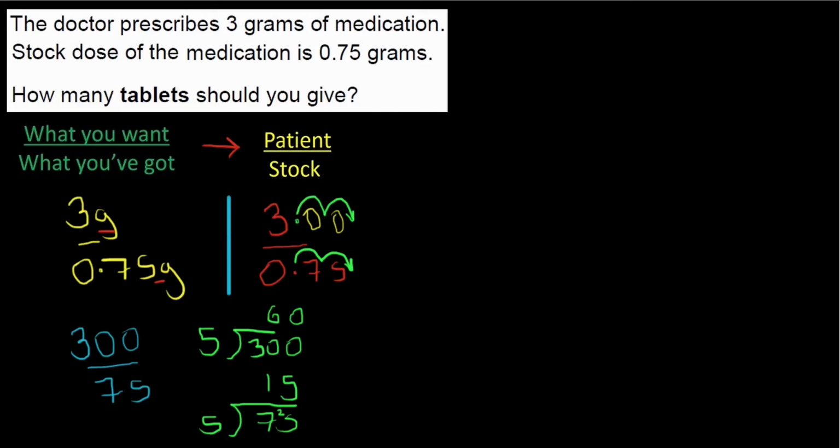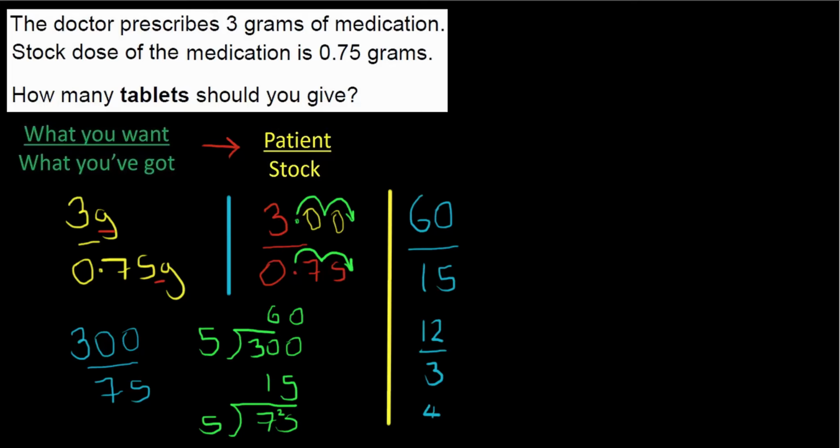So my 300 over 75 becomes 60 over 15. Well, that also simplifies by dividing by 5. 5 goes into 60 12 times, and into 15 3 times, and finally we can see that 3 goes into both. My answer is 4 over 1.